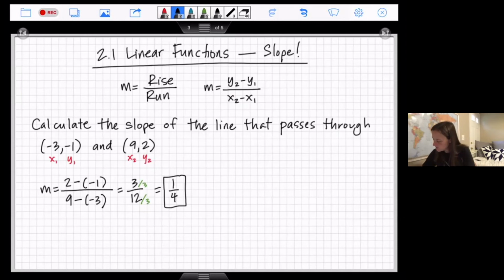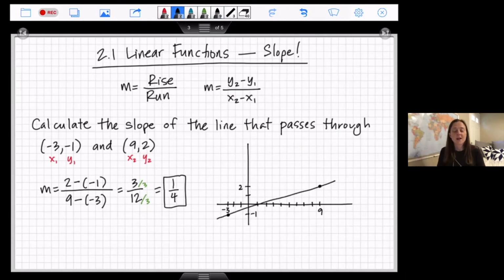Okay, so I'm going to do a very rough sketch here. So we're going to have negative 3, comma negative 1. And then 9, all the way out here, comma 2. And let's connect that with a line.